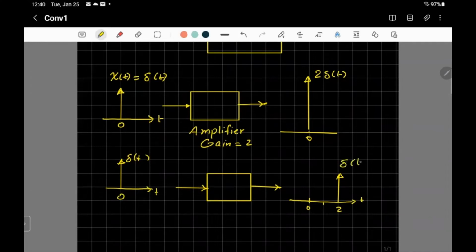So the output is delta t minus 2. So it's a delay system. That's right. That's a delay element, yeah.